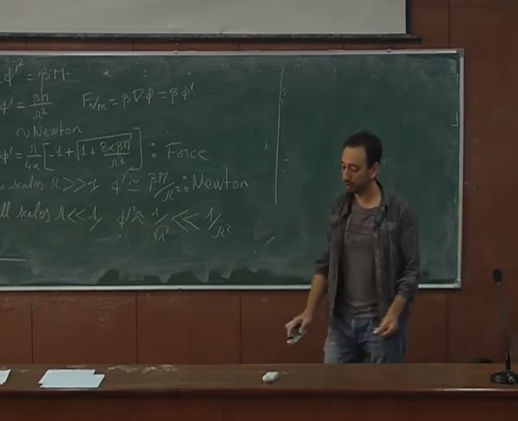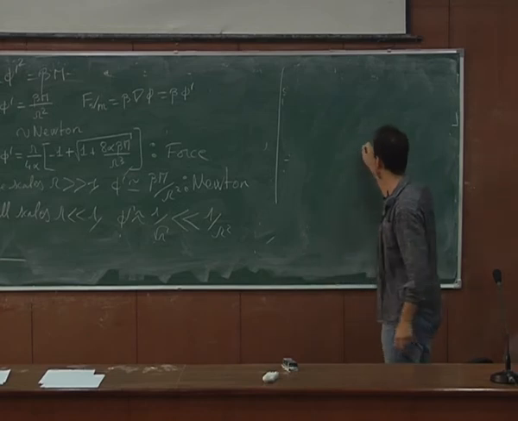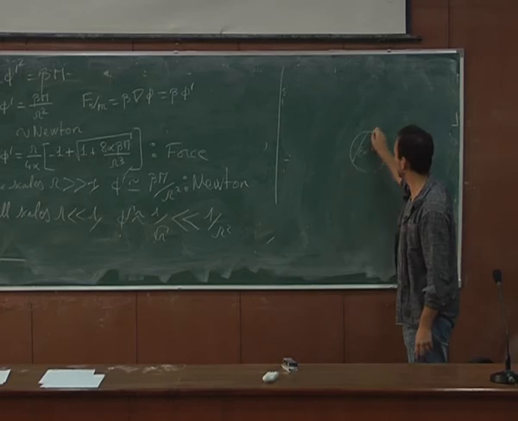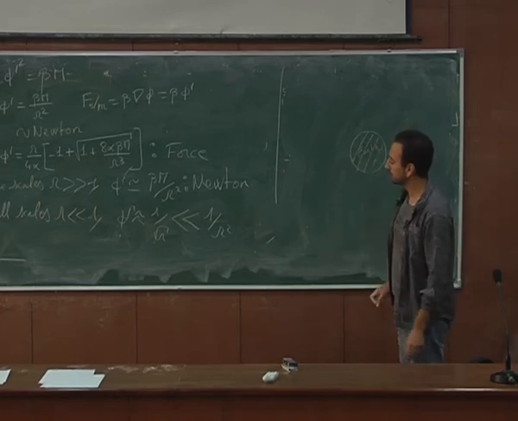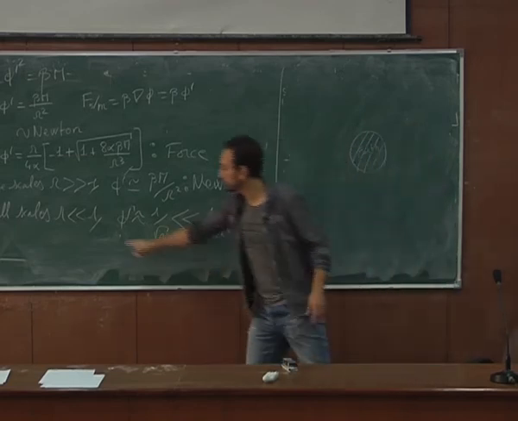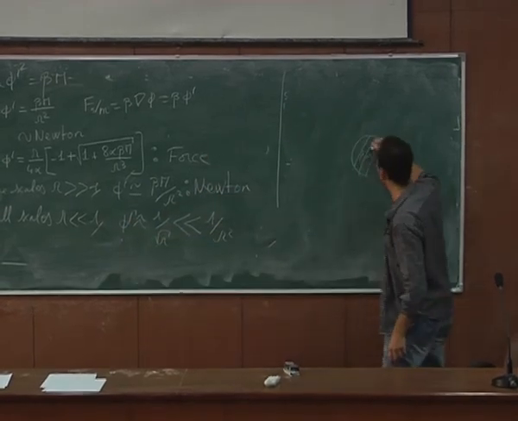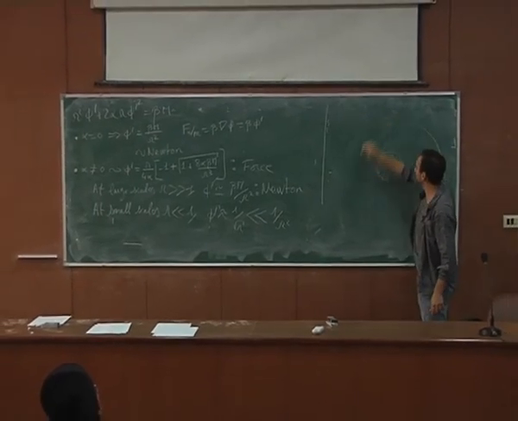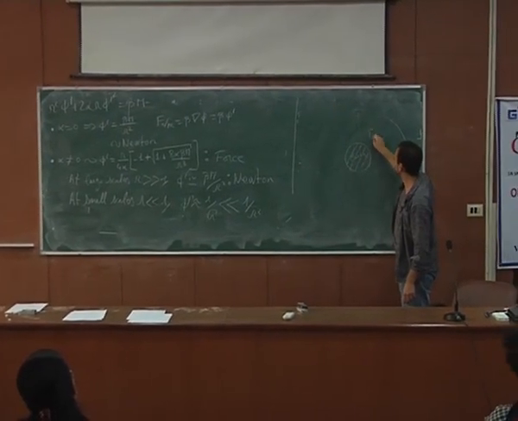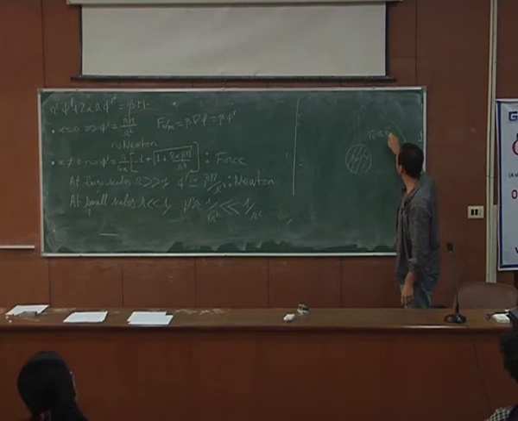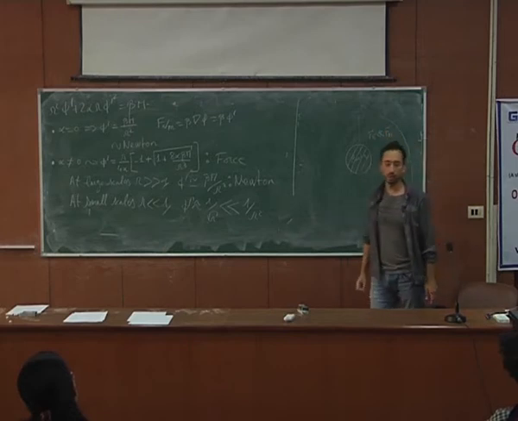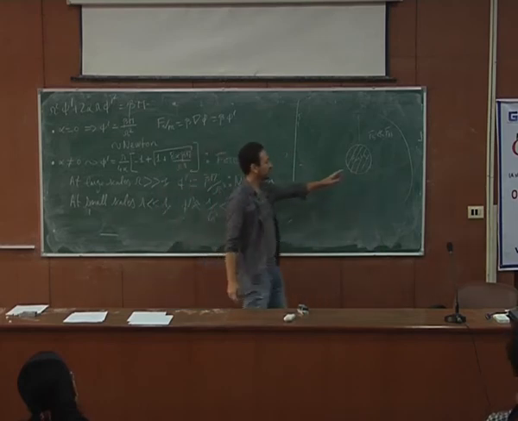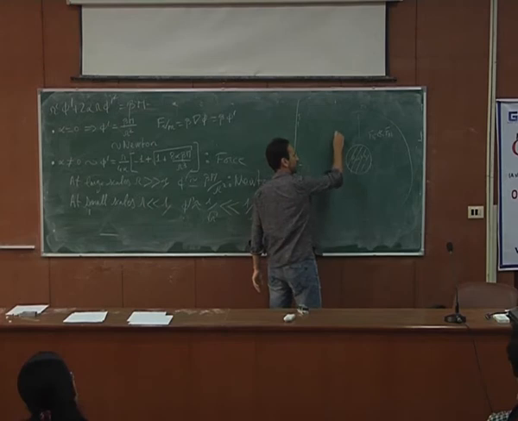Imagine I consider a spherical object, like the Earth, for example. If I am at very, very small distances, on some radius around it, the fifth force is very negligible compared to the Newtonian force. I will never observe it, and this is what we see here, up to some scale called the Vainshtein radius.